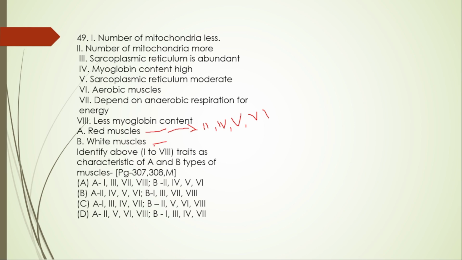If I'm talking about the white muscle, it includes, first one, number of mitochondria is less. Next, third one is also here. Next, seventh one, depend on anaerobic respiration, whereas red is aerobic and this is anaerobic. So seventh one is here, and at last eighth one is also here.